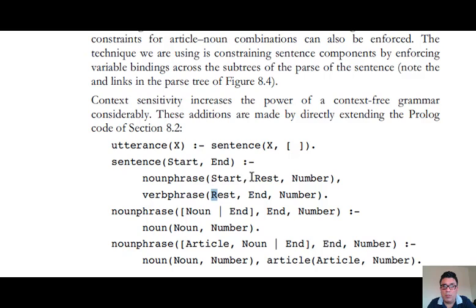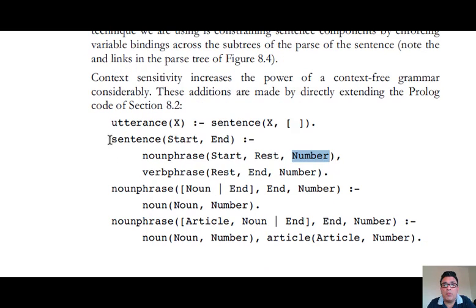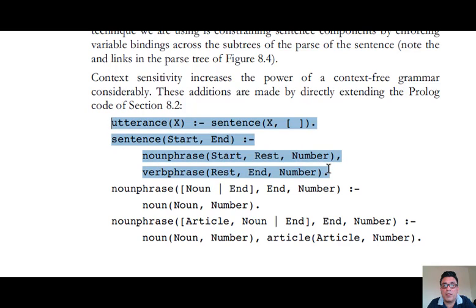So we're looking for a partition, in which this will be the noun phrase that comes from that sentence and the verb phrase, and then that will be okay. Now we're adding something that we did not have before, which is number, and in this case the number will be singular and plural.